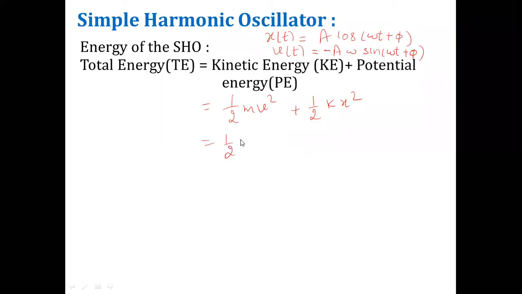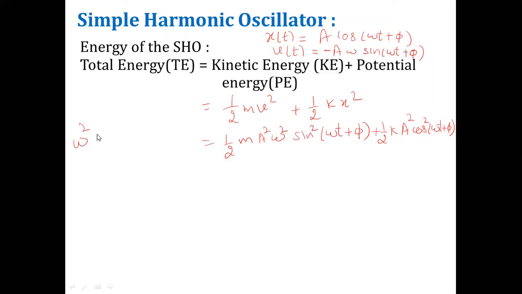Now, if you plug in the value of velocity here, you will get 1 by 2 m a square omega square sine square (omega t plus phi), this is your velocity square, plus 1 by 2 k x square, which is a square cos square (omega t plus phi).